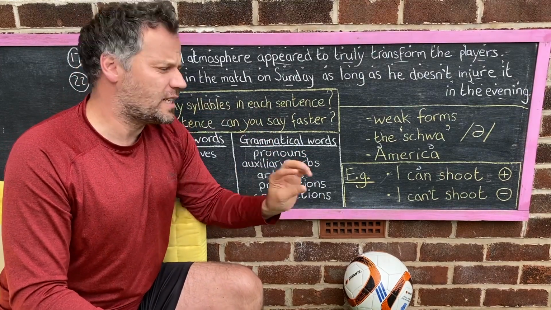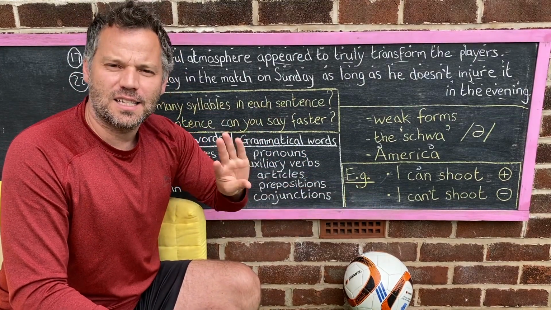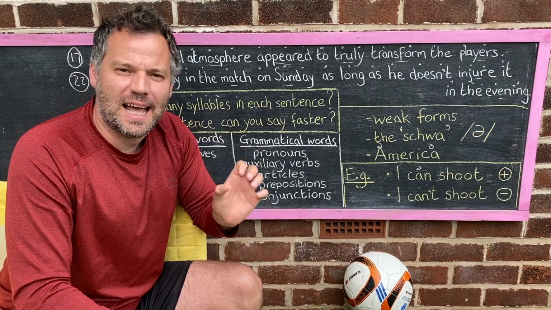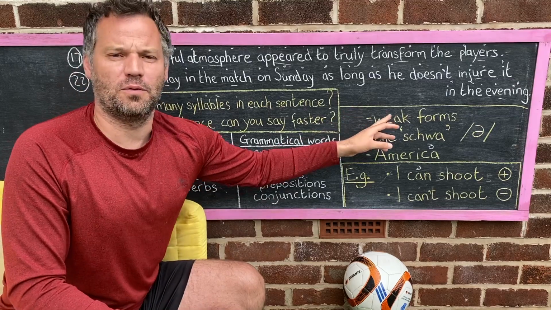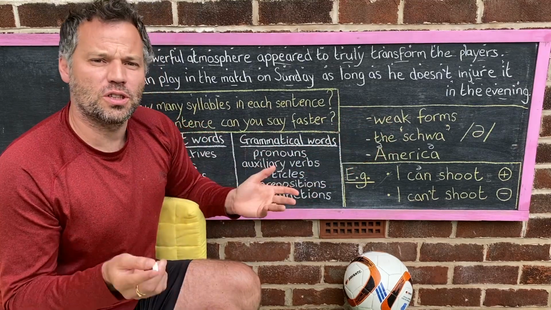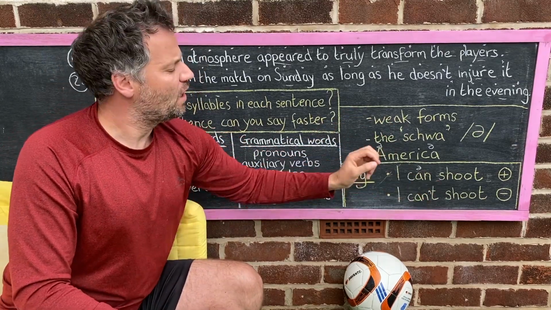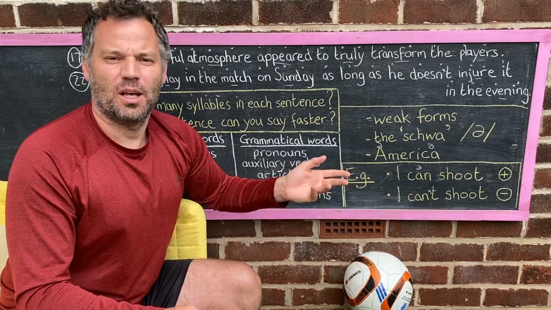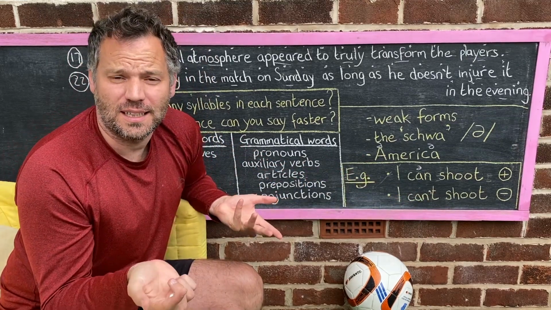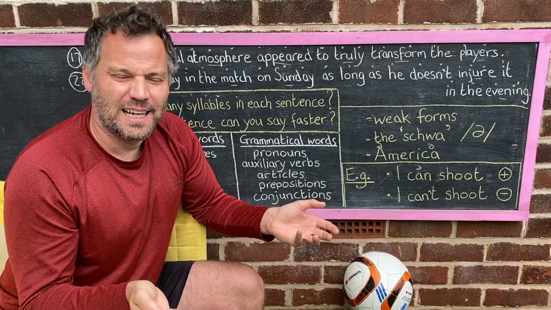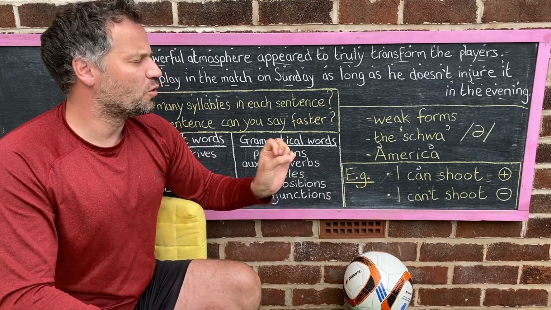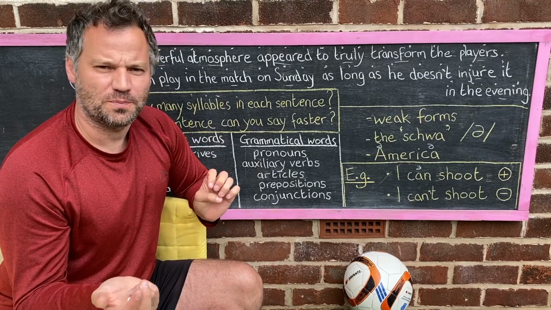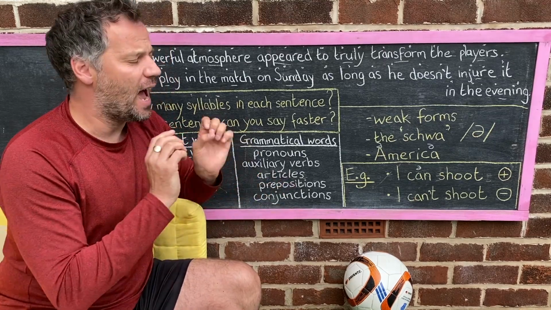When students say these two sentences, I sometimes don't understand what they are saying because students don't use the weak form sometimes. Students say I can shoot, I can't shoot, which is very similar. It's difficult for you to understand. So remember, when can is in a positive sentence, you use the weak form, I can shoot, which is very different to I can't shoot.